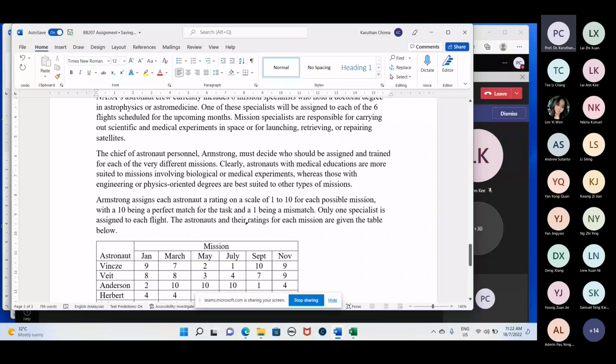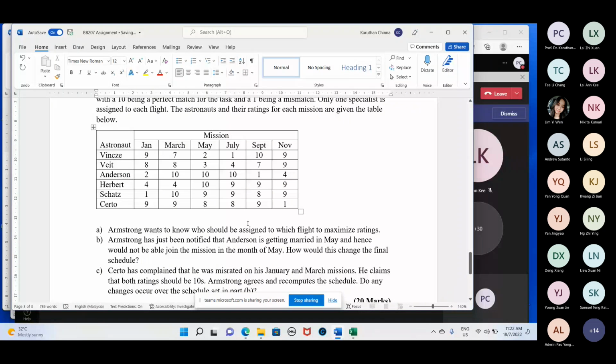This assignment problem, is it balanced? How many astronauts? 6. How many months? So it's a balanced problem, right? Do you understand? Balanced problem.